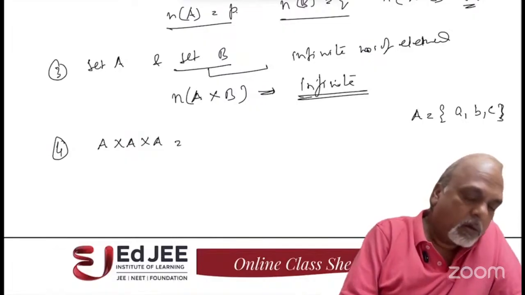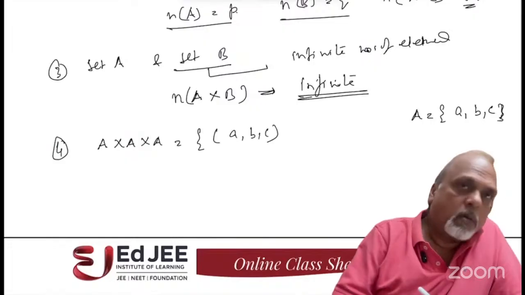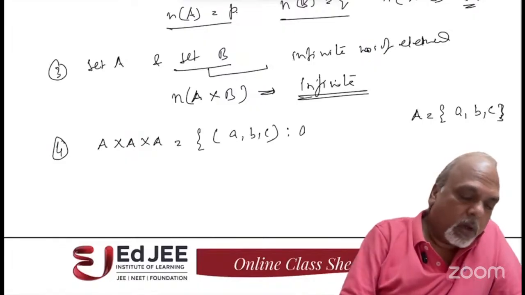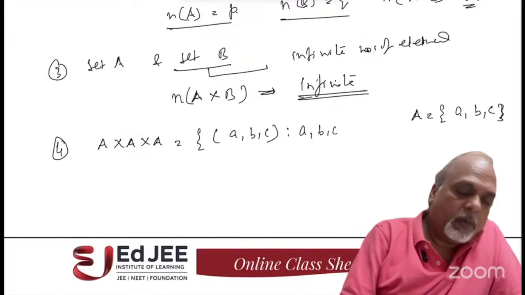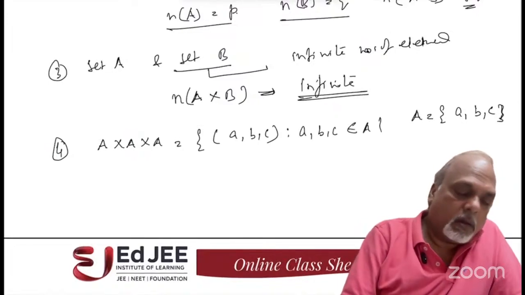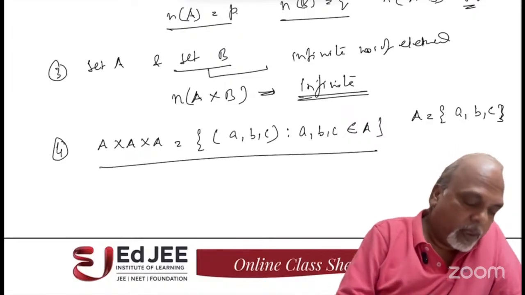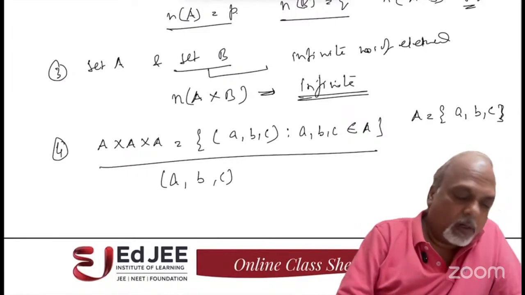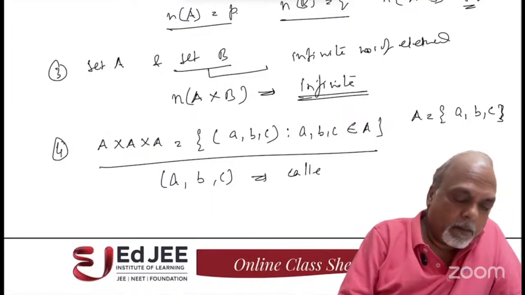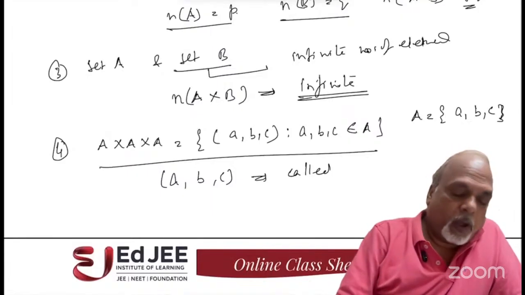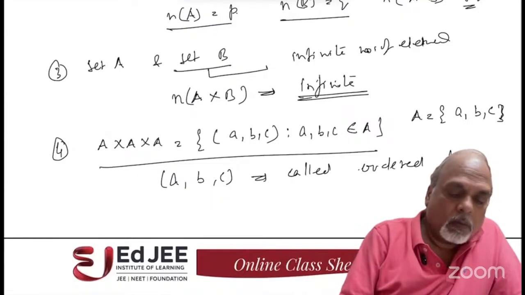Then we can write it as (a, b, c), and all these a, b, c, basically they belong to A. Here (a, b, c) is called ordered triplet.